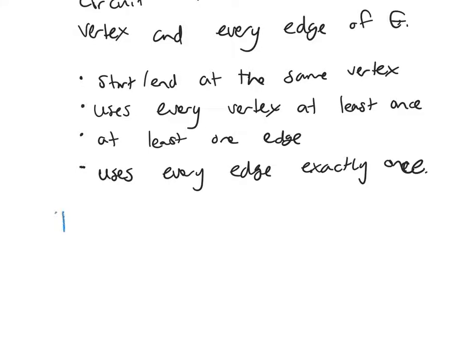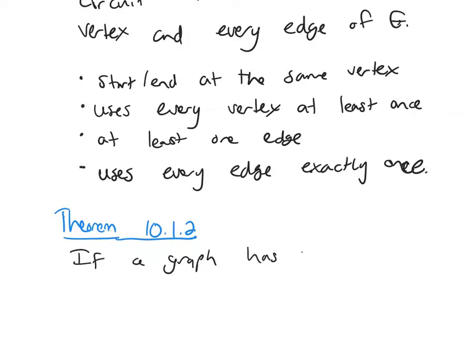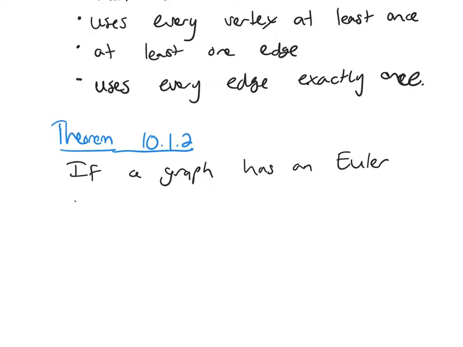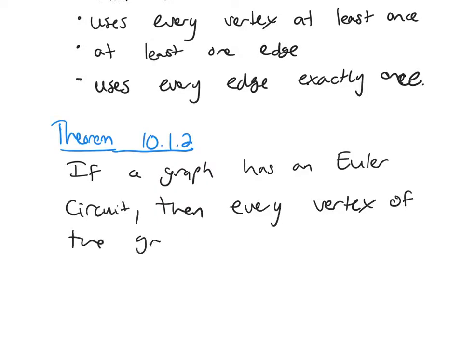So one thing that can help us a little bit is this theorem. In your book it's 10.1.2, and it says if a graph has an Euler circuit, then every vertex of the graph has positive even degree.